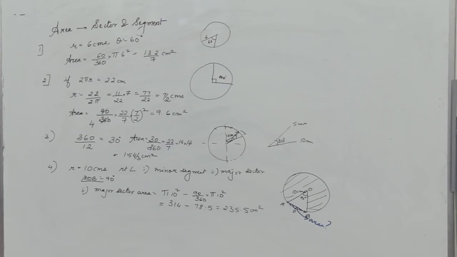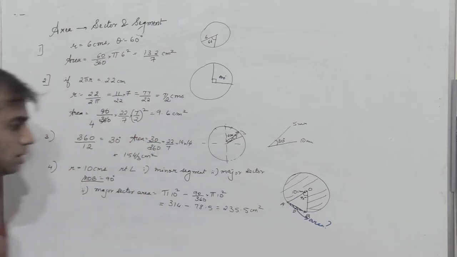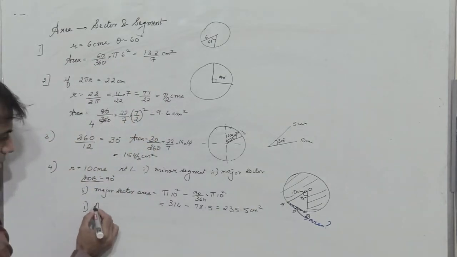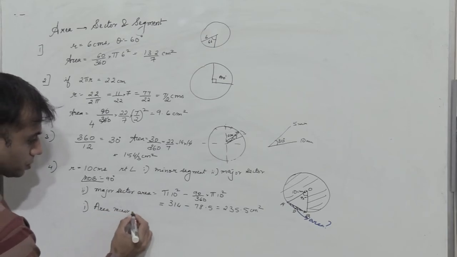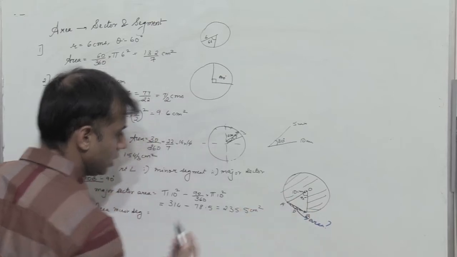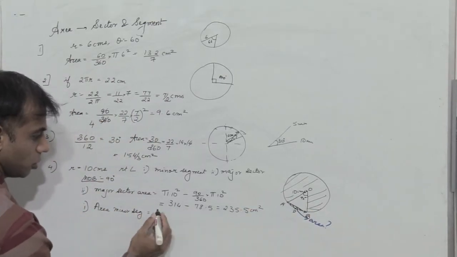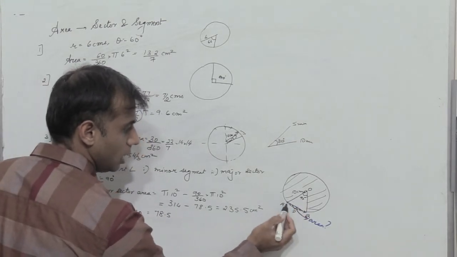So the area of this is the area of the minor sector minus the area of the triangle AOB. The area of the minor sector is 78.5, which we have already calculated, minus the area of the triangle AOB.